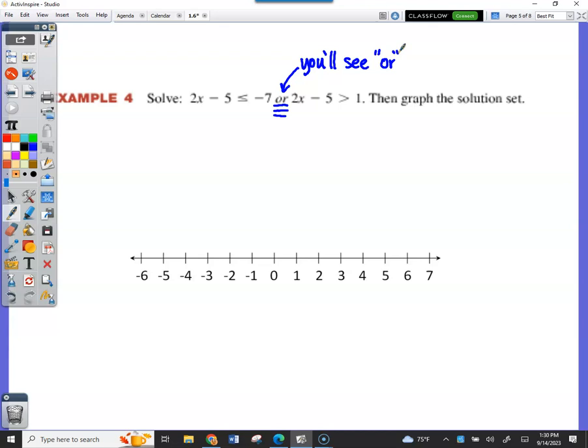And you just have two inequalities in one problem. So we have 2x minus 5 is less than or equal to negative 7, or... so solve them individually, then put both solution sets on the number line.